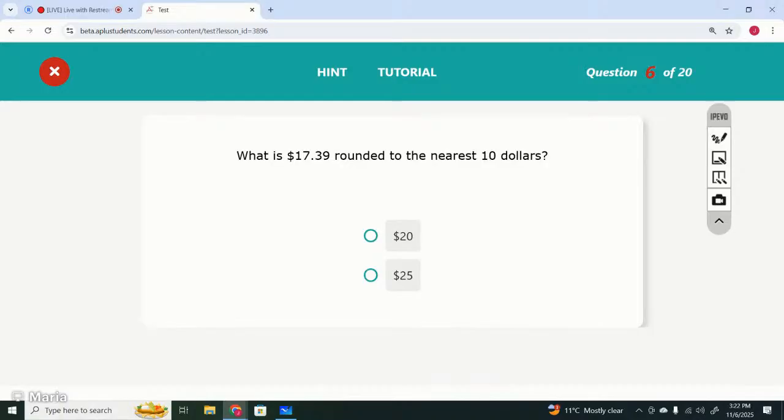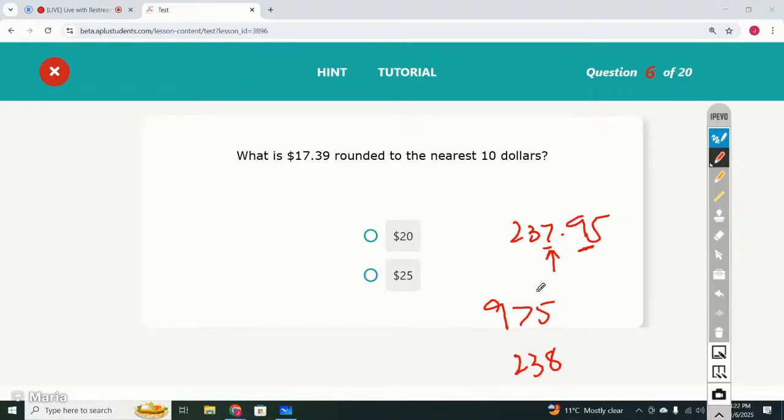What is $17.39 rounded to $10? So $17.39 is rounded to.